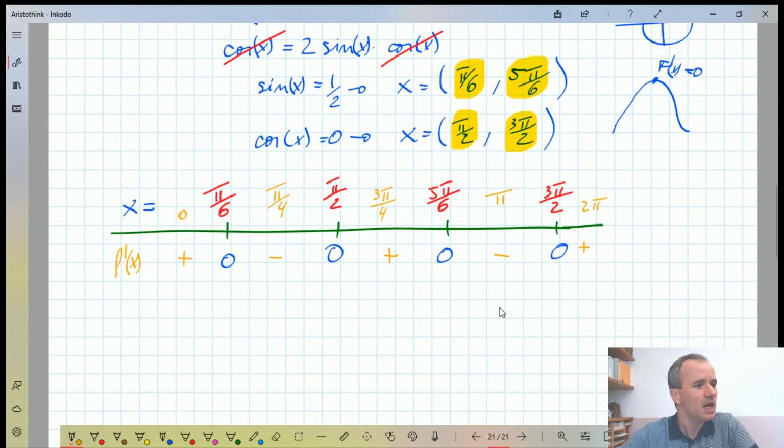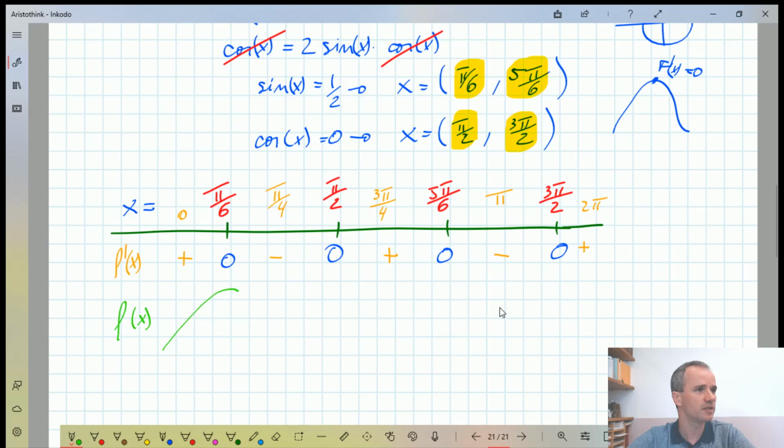Now look. Now we can imagine how our f of x is going to be. Now I'm going to draw f of x in green. Well, you see, going up because it's positive, right? If the derivative is positive, going up, then stop. Why?